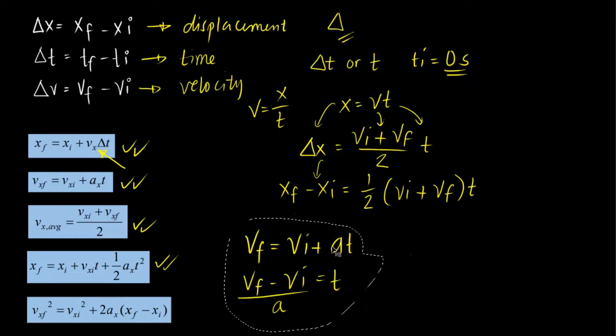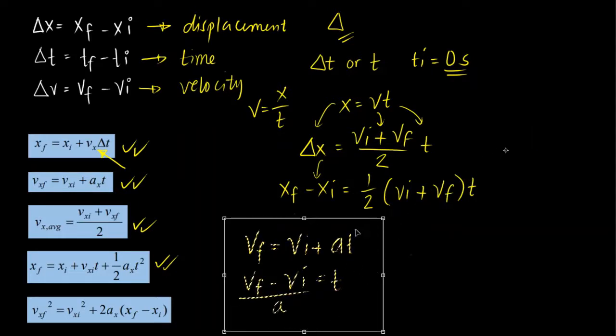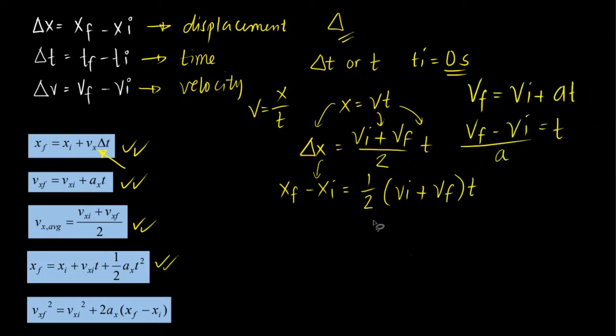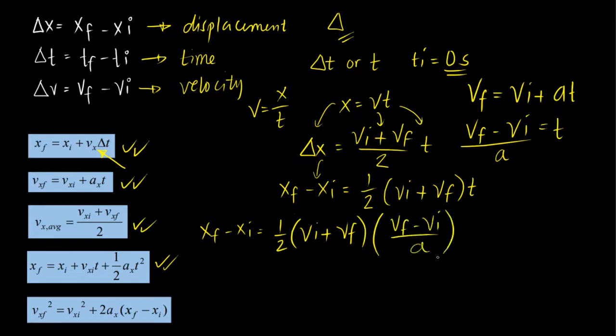So, para hindi kita malipat, sa ilawom siya sa piyak. Okay. So, daan na siya para hindi malimtan, no? Now we have xf minus xi equals 1/2 times vi plus vf. Imbis nga t, ang isulat naton vf minus vi over a.